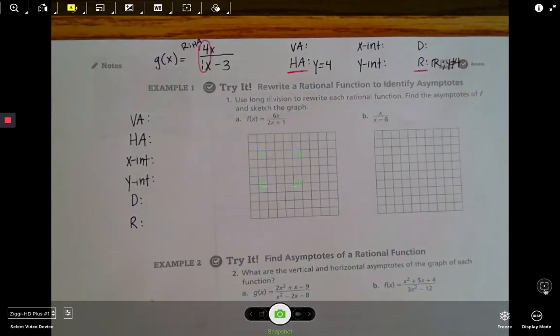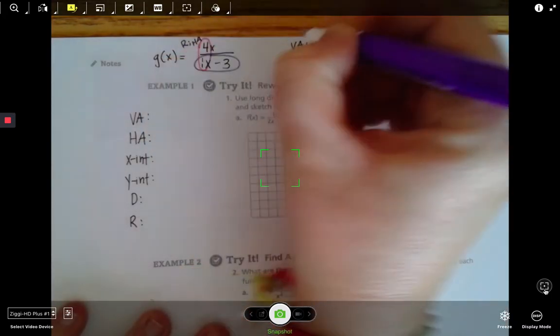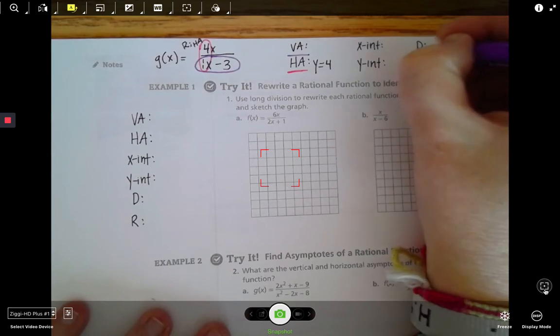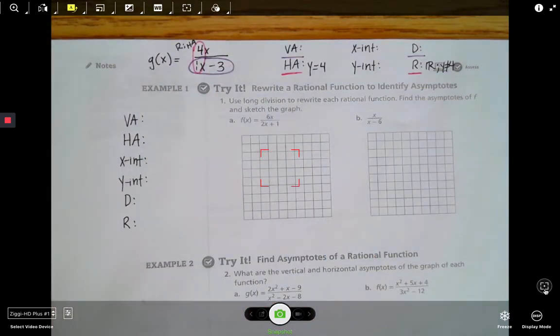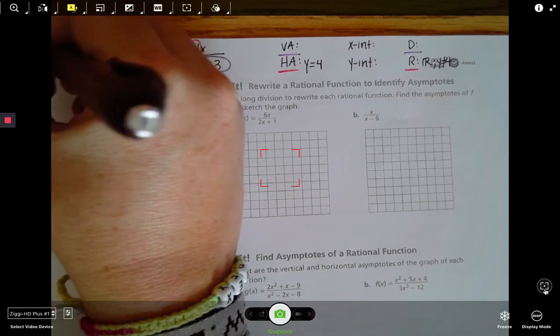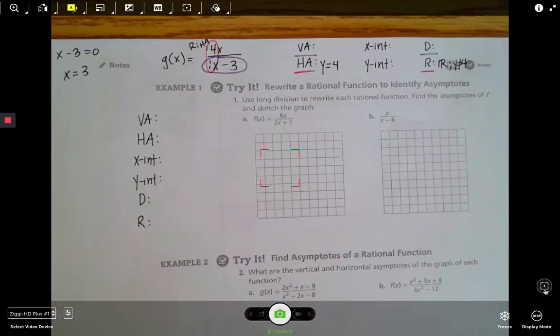Alright, next I've got my vertical asymptote and my domain. We take our equation x minus 3 and set it equal to 0. So if I said x minus 3 equals 0, I would know x equals 3, right?